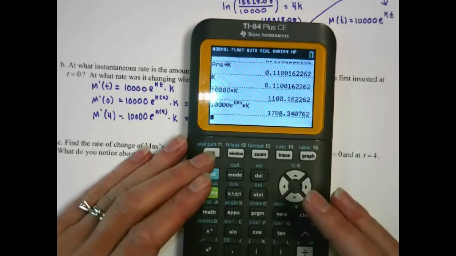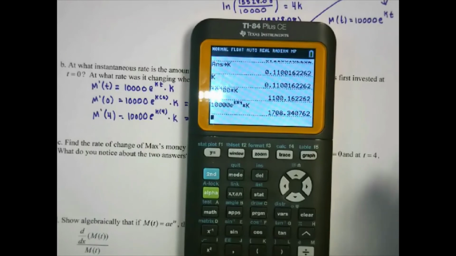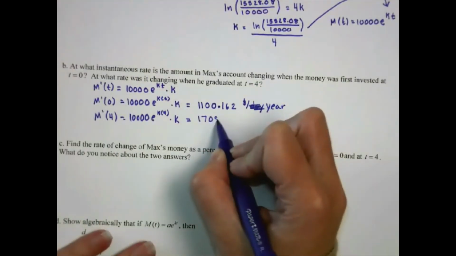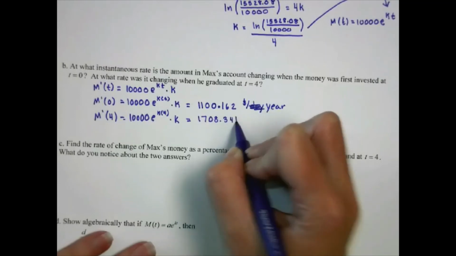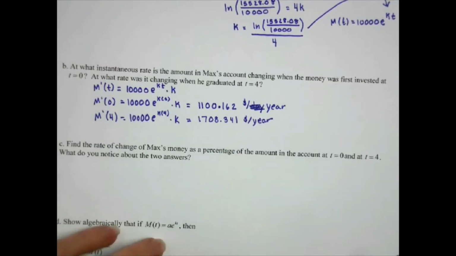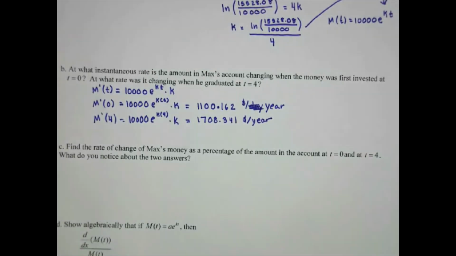We get 1708.341 dollars per year. So in 4 years, he's getting about $1,700 per year.